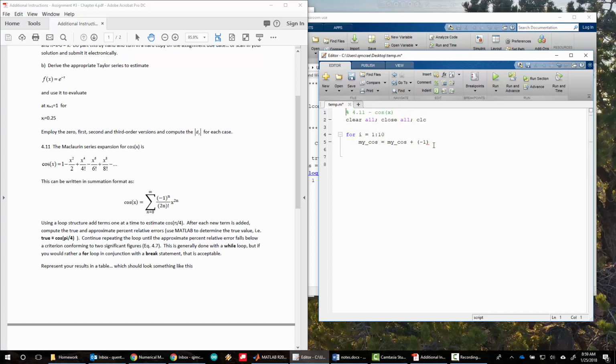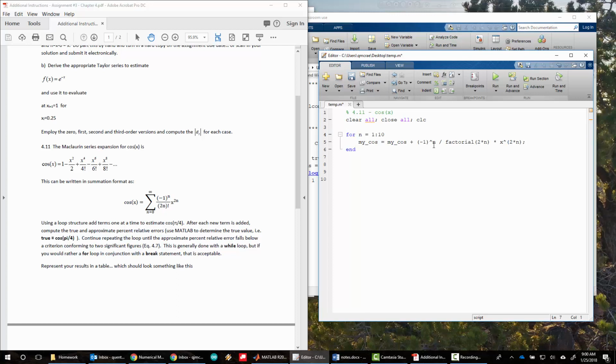Minus 1 to the n divided by factorial of 2 times n. You don't need that parentheses there. All that times x to the power of 2 times n.